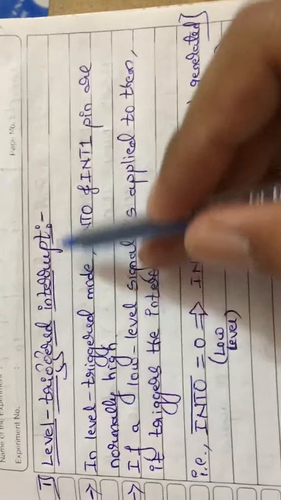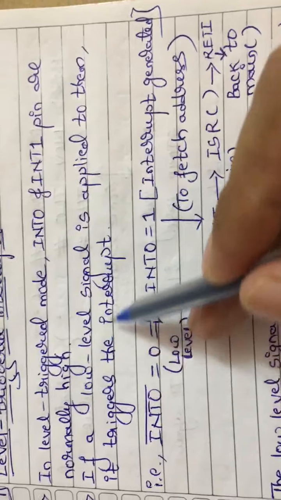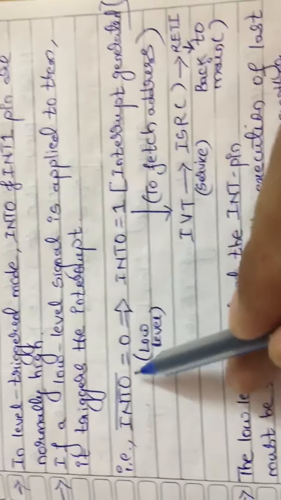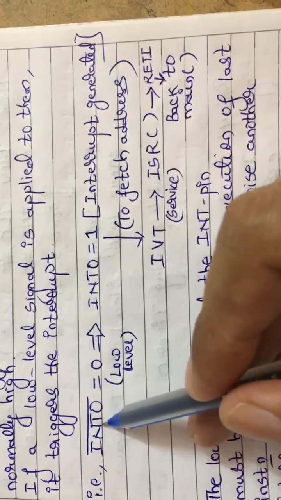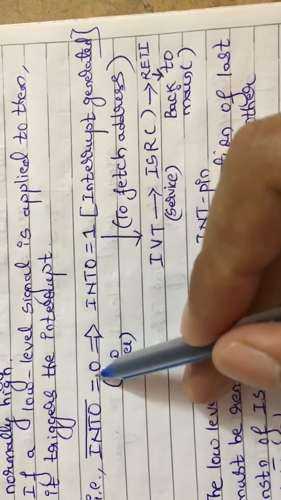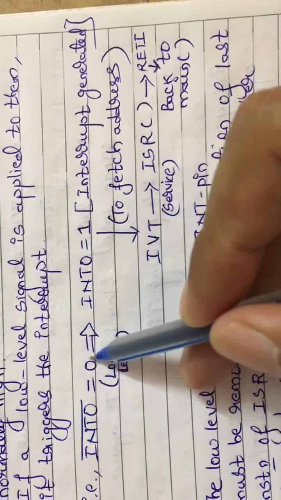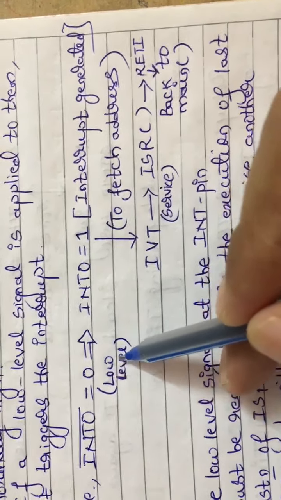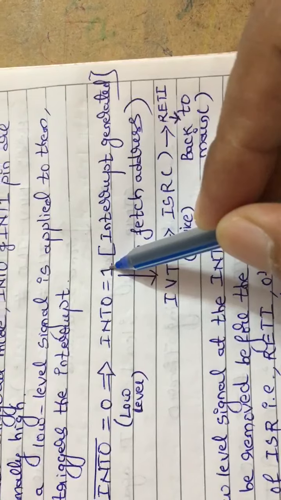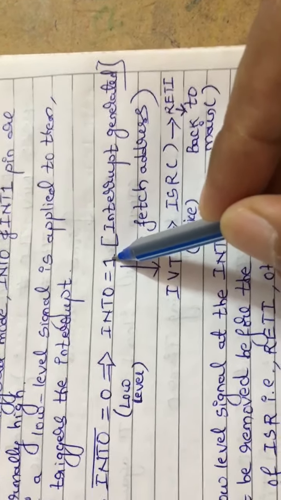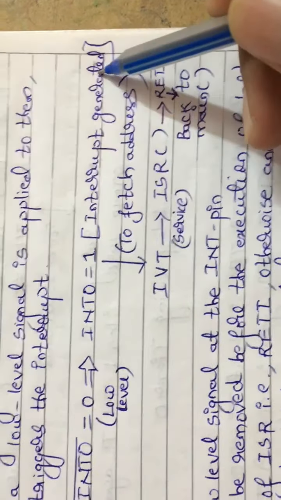If a low level signal is applied to them, it triggers the input. Here I will show how we can do it: at INT0 bar, when I put 0, that is the low level, the value of INT0 becomes equal to 1. That means the programmer will come to know that the interrupt has been generated.